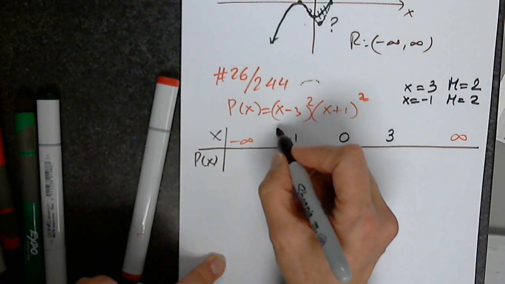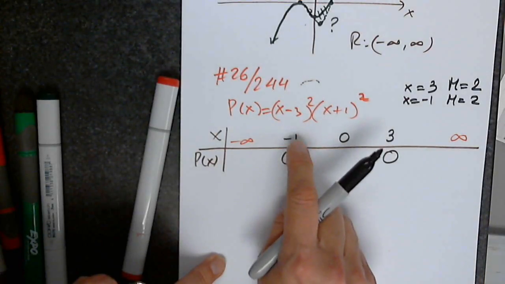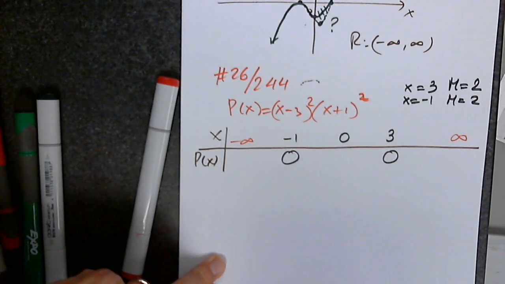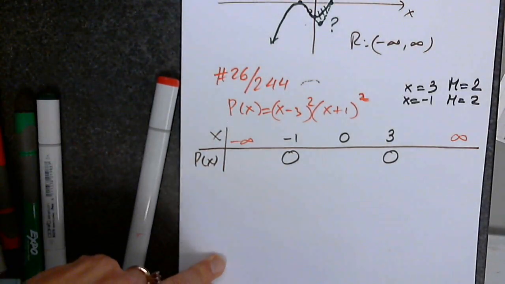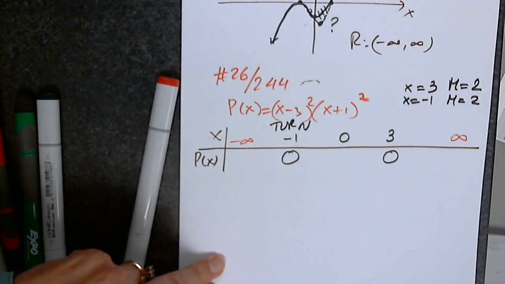And I'm going to write what? 0, 0, of course. What am I going to write for the point negative 1, 0? I can write cross. I can write cross flat. It means slowly. Turn or turn flat. Just turn. Turn flat, it will be multiplicity 4.